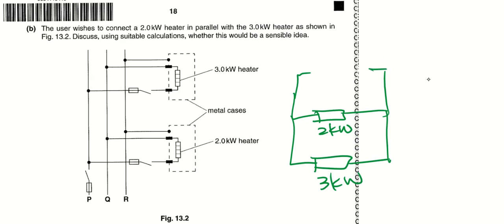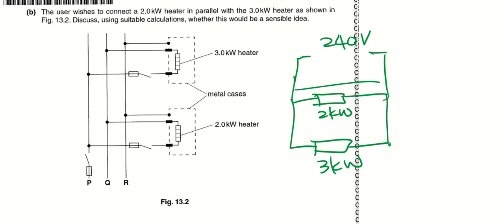And over here I have a potential difference of 240 volts. So if both are switched on, that means this 2 kilowatt heater will have 240 volts of potential difference across it, similar to here, 240 volts. So this is my V, this is my P.